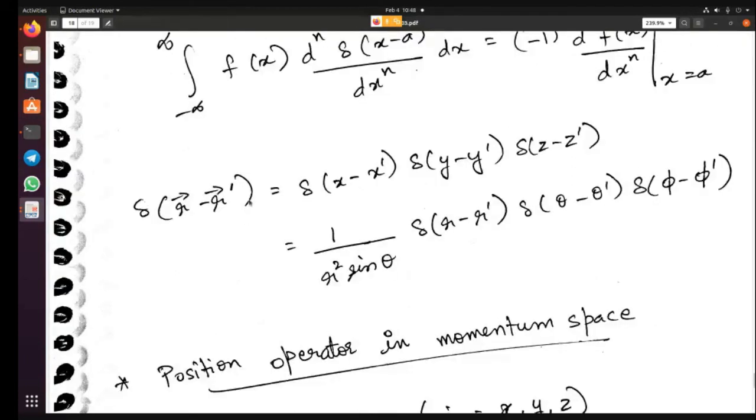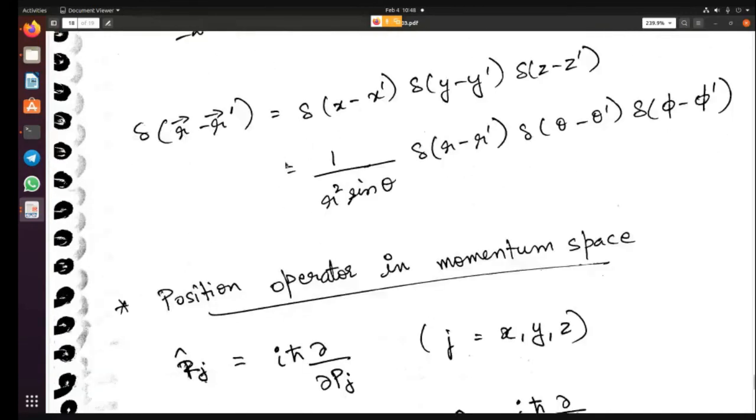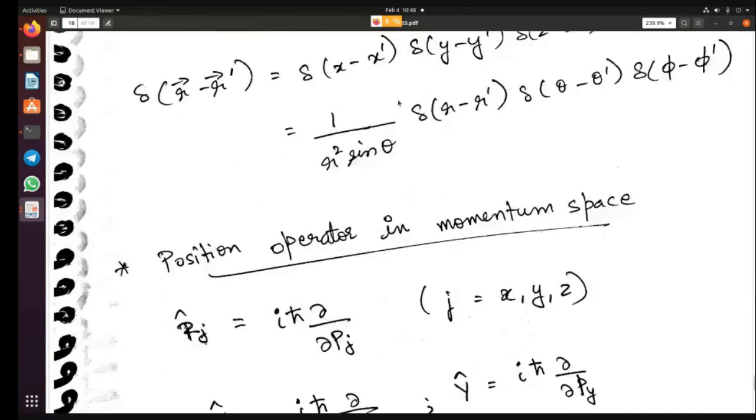And delta of r minus r dash gives you delta of x minus x dash, delta of y minus y dash, delta of z minus z dash, which is going to give you this. Okay, so these are some of the formulas associated with the Dirac delta function.